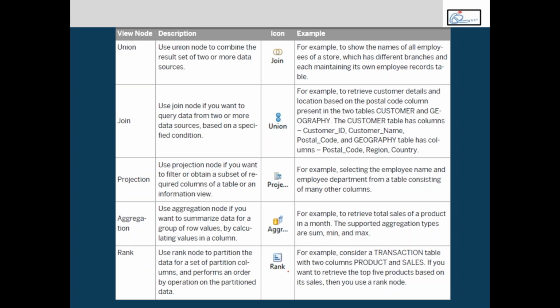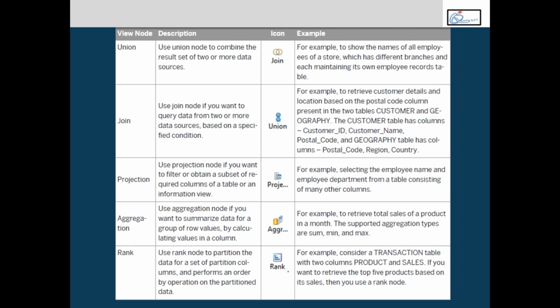Next is your projection. The purpose of projection is simple. There are 2 possibilities you can do. One is applying a filter. You remember in the data foundation of an attribute view or analytical view, you were able to apply a filter. That is similar to applying a where clause.